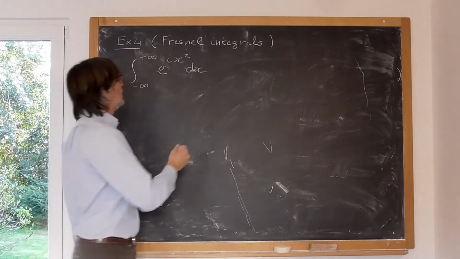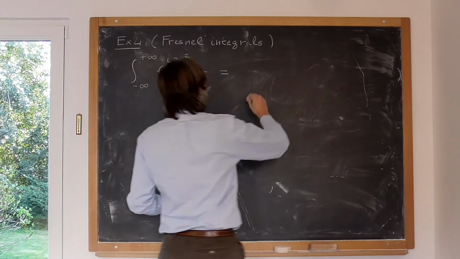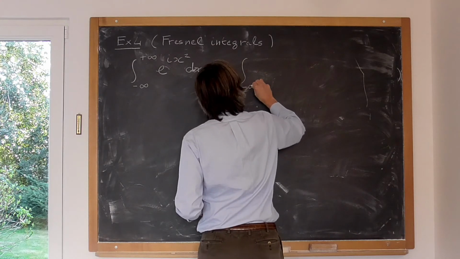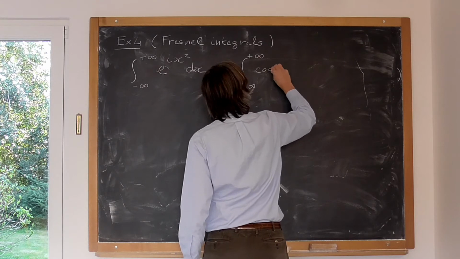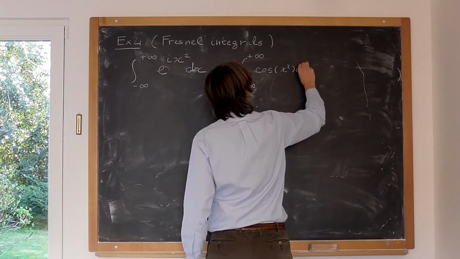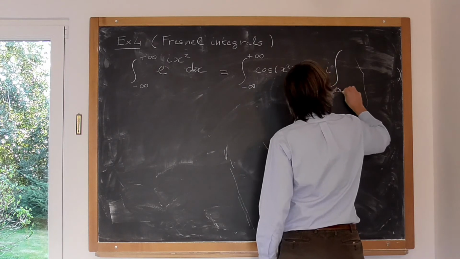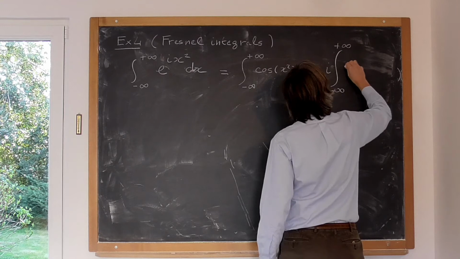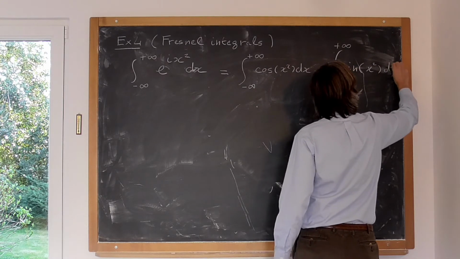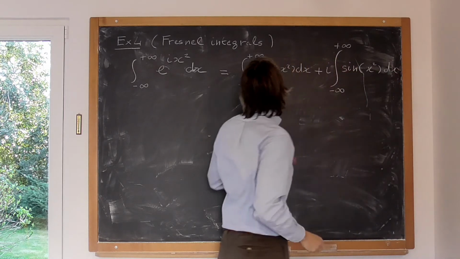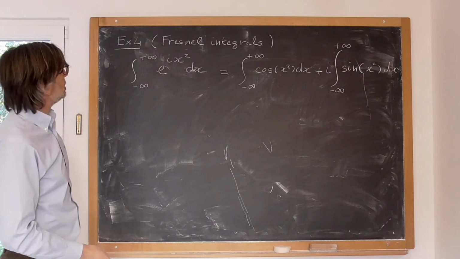Or equivalently, by separating the real and imaginary part, this is the integral between minus infinity and plus infinity of cosine x squared dx plus i times the integral between minus infinity and plus infinity of sine x squared dx. Okay, we want to compute all these integrals.